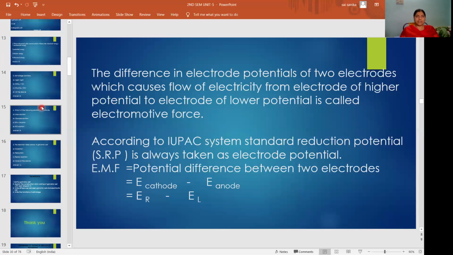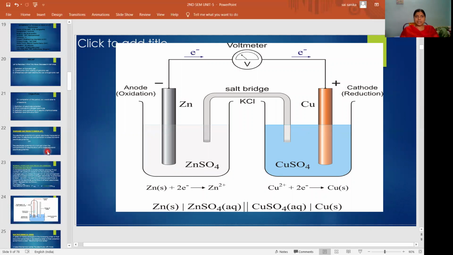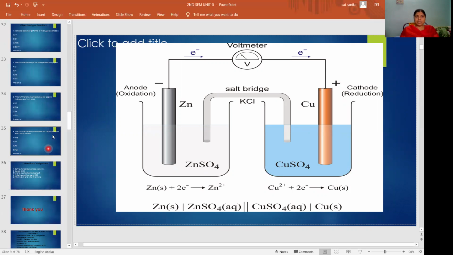Always the cathode will be on the right hand side and the anode on the left hand side. That's why E right minus E left, E cathode minus E anode.